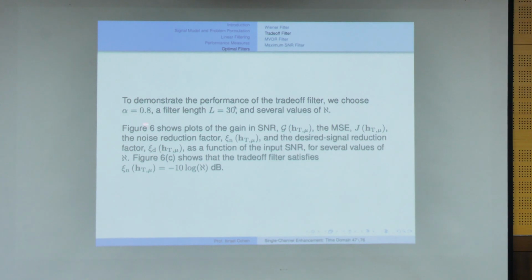Alpha is 0.8. We have a filter length of L equals 30, which means that to find an estimate Z, we look at the past 30 samples of the signal, and we can take several values of aleph, how much noise we want to reduce. So let's see this example.